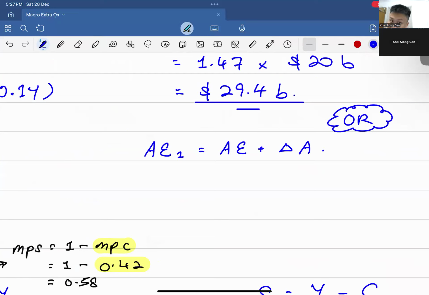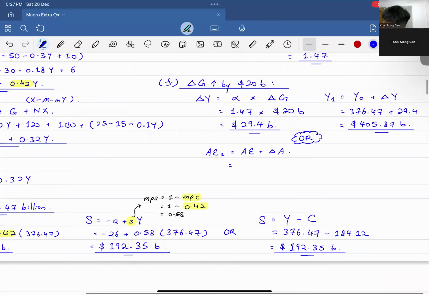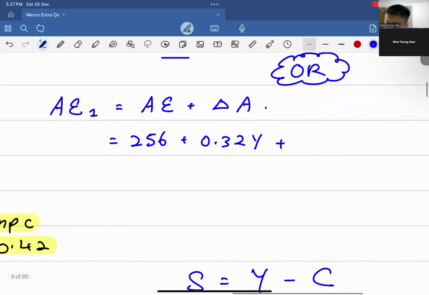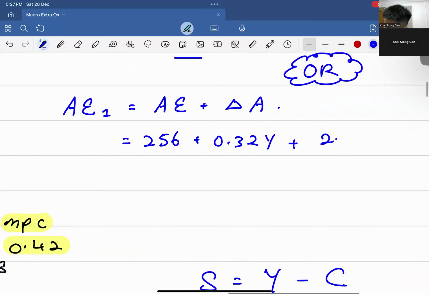Here there is an increase of government spending of 20 billion, so I add 20. At the end, you will get 276 plus 0.32y.